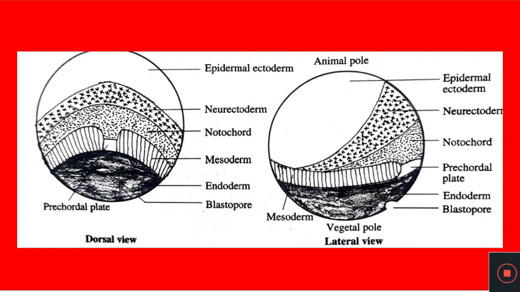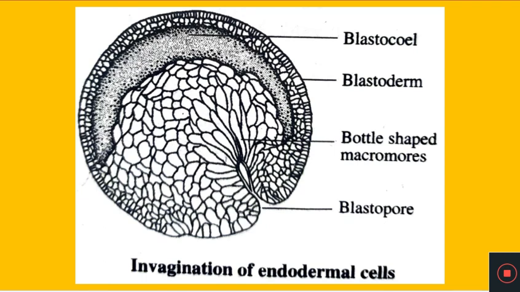Now, we will move on to the process, that is gastrulation. Gastrulation is a process in which a single layered blastula is transformed into a double or a triple layered gastrula. And how is this made possible?